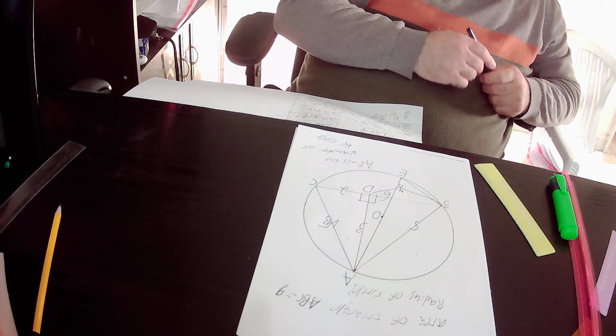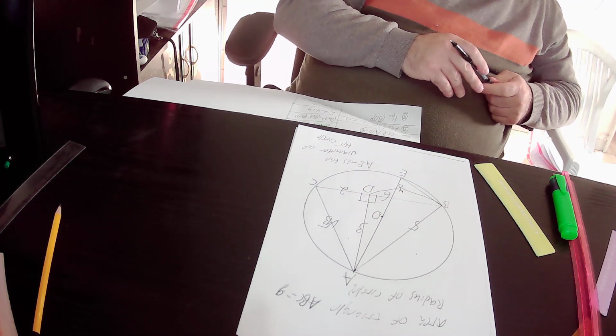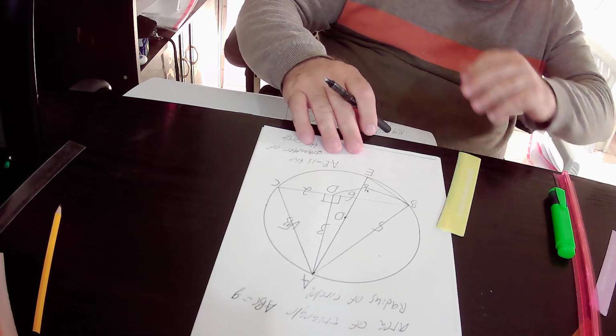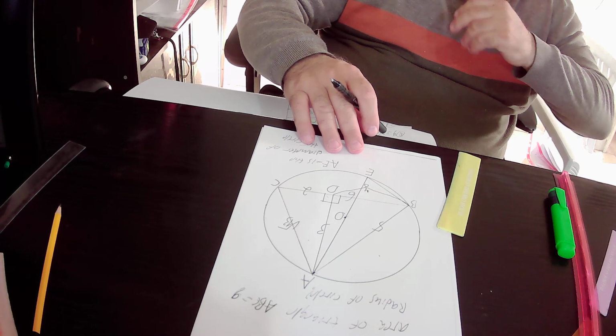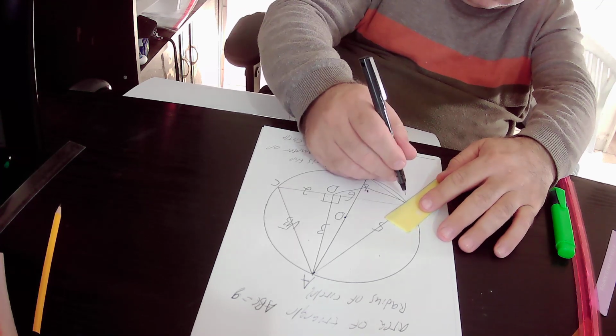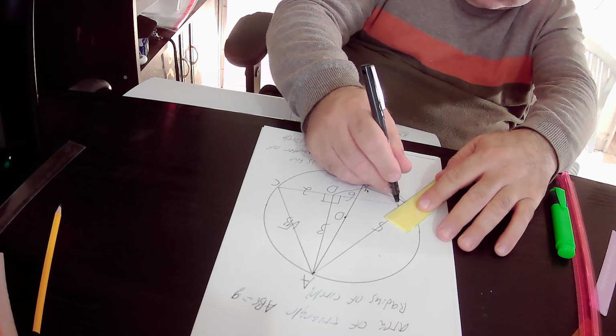So angle ABE equals 90 degrees according to this rule. So this angle is a right angle.